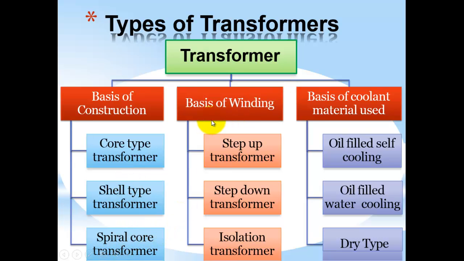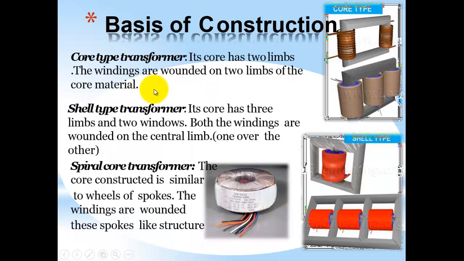Similarly, on the basis of windings, the transformer can be a step up transformer, step down transformer, or the isolation transformer. And based on the cooling material, it is either oil filled self cooling, oil filled water cooling, oil filled oil cooling, or can be a dry type. Now we will just go through all these terms very briefly.